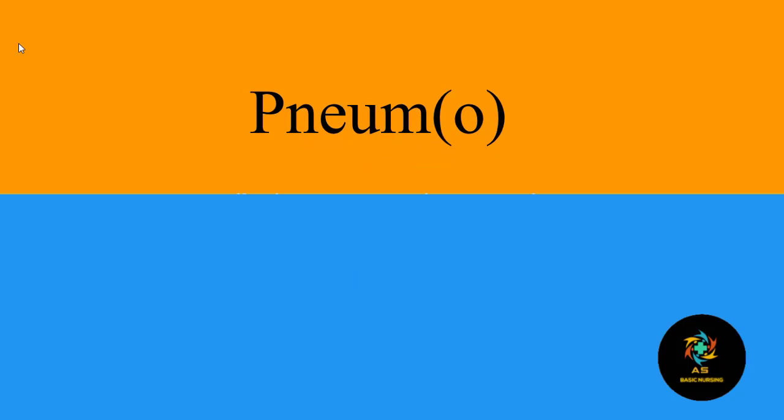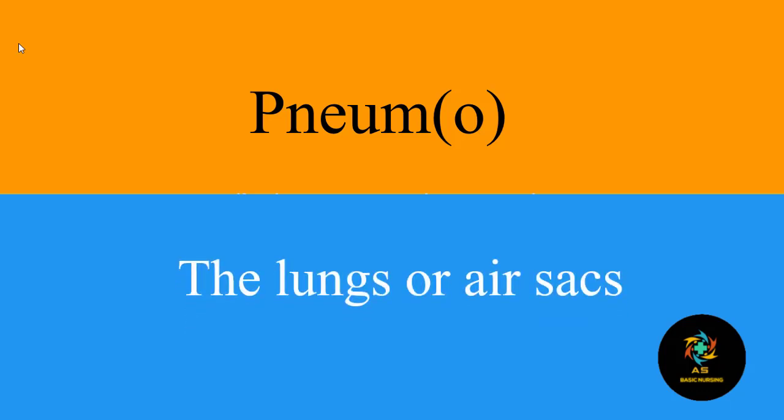Our next practical test word is pneumo, meaning the lungs or air sacs. Example, we have pneumonia. Pneumonia is actually an infection that inflames the air sacs in one or both lungs.